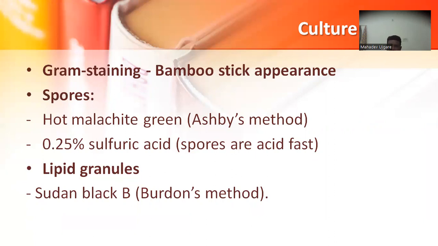The spores are generally demonstrated by modified Ziehl-Neelsen stain, using hot malachite green, that is Ashby's method, and 0.25% sulfuric acid, using this modified acid-fast stain, where spores are acid-fast. And the lipid granules are demonstrated by Sudan black B stain, also called Burdon's method.